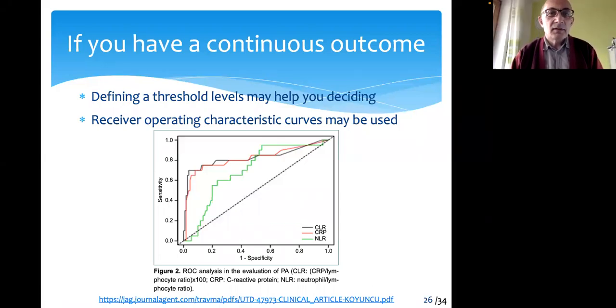In the next slides, I would like to give you some information about the ROC analysis, which is a commonly used analysis to calculate diagnostic thresholds for laboratory tests. So this is how a ROC graph looks like.